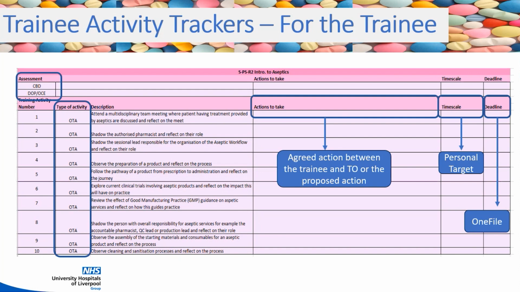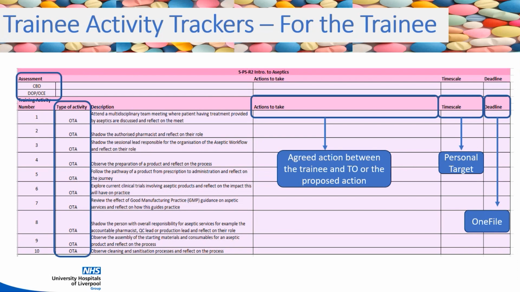But on the trainee activity tracker, what you have is just the required number that you need. So for instance, on this rotational module, which is an intro to aseptics for pharmaceutical science, although there are several different DOPs and OCE opportunities, only one or the other is required on one file in order to sign off the module. So the trainee won't have an overload. It's literally just the minimum expectation for them to complete. So it's a lot more manageable for them.